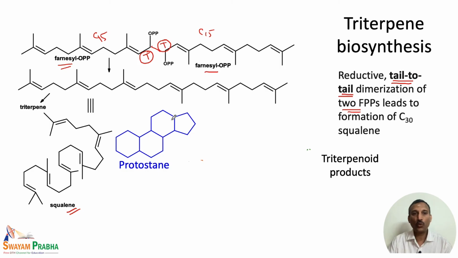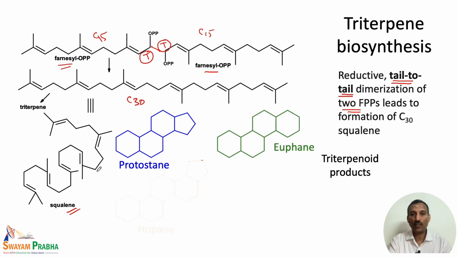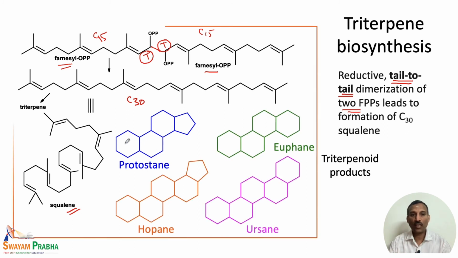So here two C15 units combine together to give a C30 unit, and this C30 unit is the squalene unit. From the squalene we have different terpenoid skeletons. For example, the protostane skeleton, which is a tetracyclic ring, is formed. Here we have the perhydrophenanthrene with the cyclopentane ring present. So protostane has this kind of structure. Euphane is a tetracyclic ring with 4 6-membered rings.